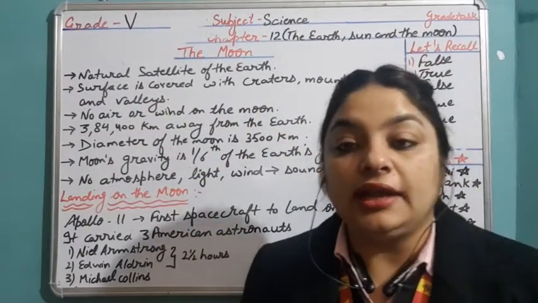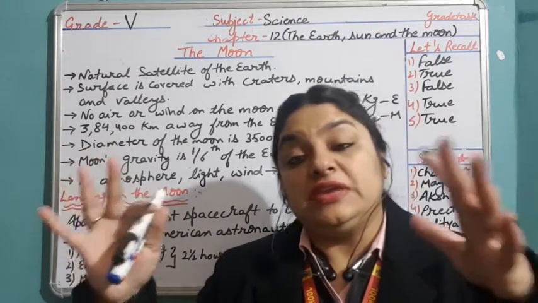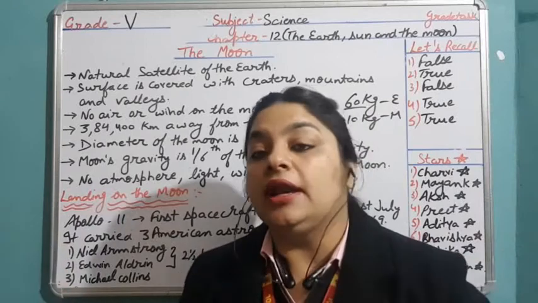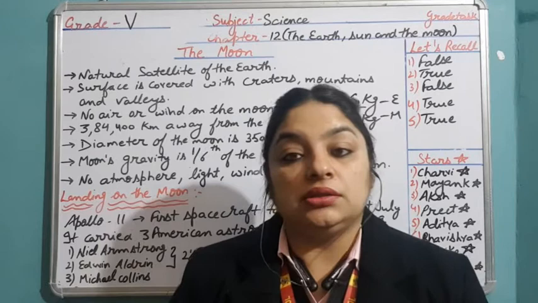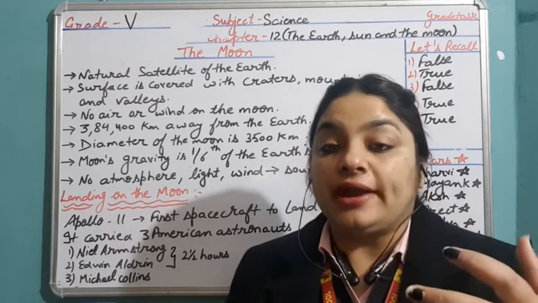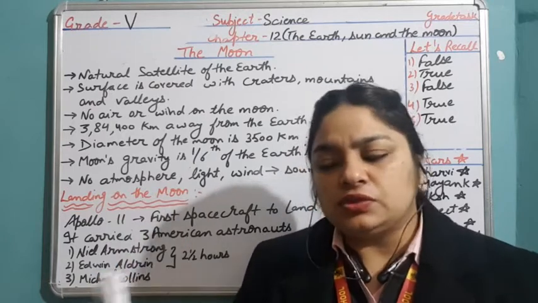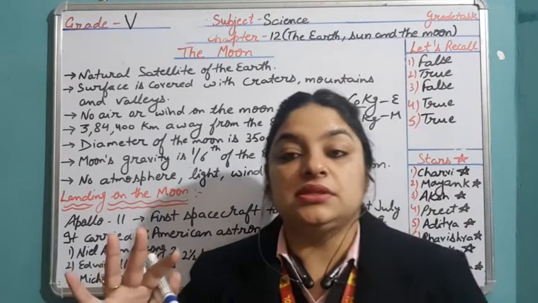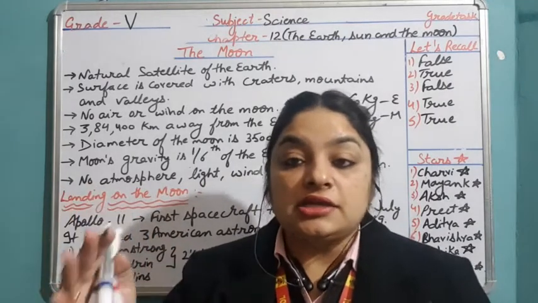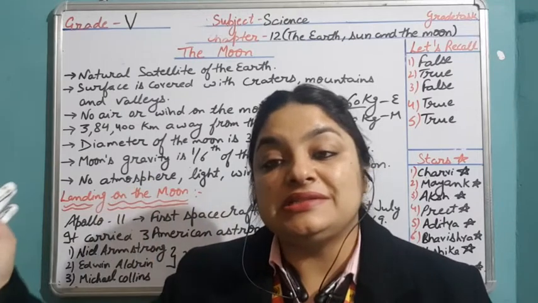Now what are craters? Craters are very large holes which are created on the surface of the moon. How? By meteorites. You know what meteorites are? Meteorites are very big pieces, also made up of rock particles, hard substances, and their size is less than the planets, but they are present in space. They travel in space.